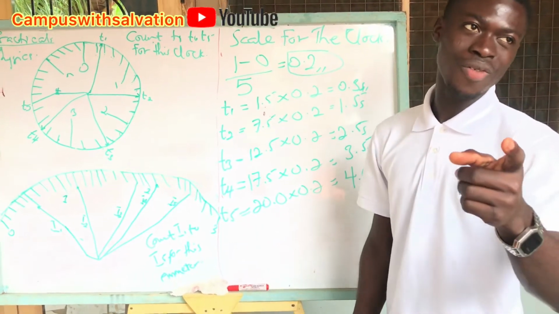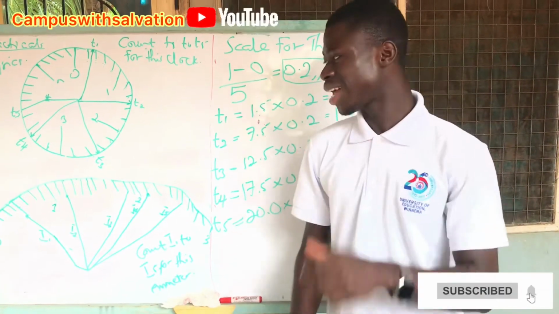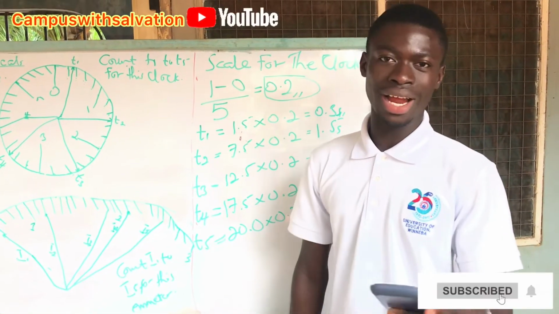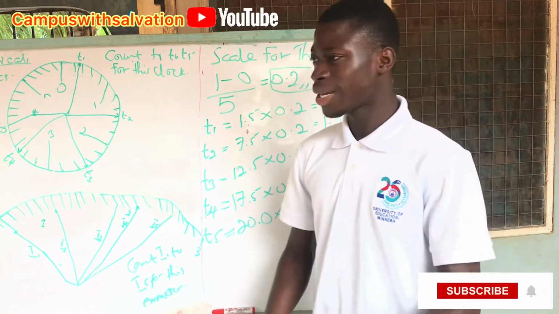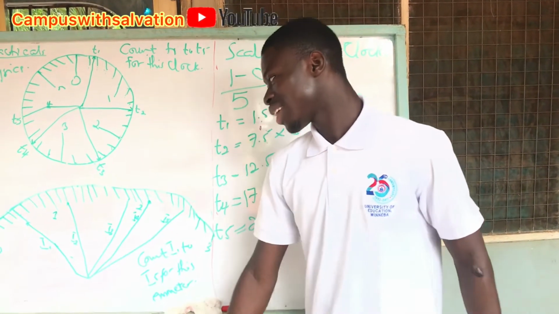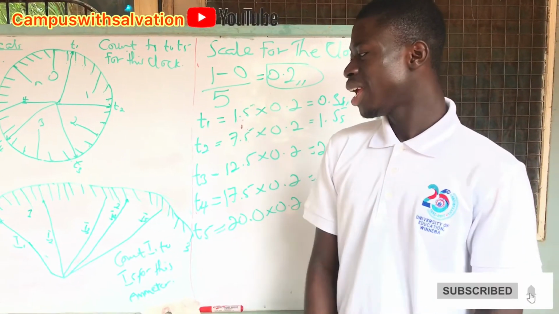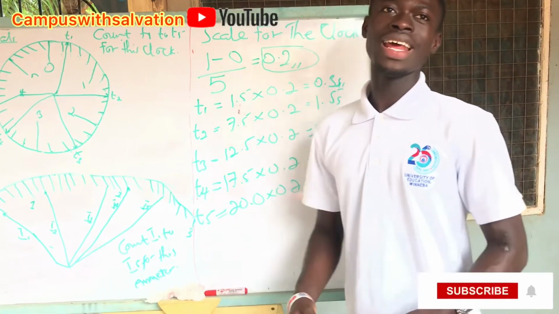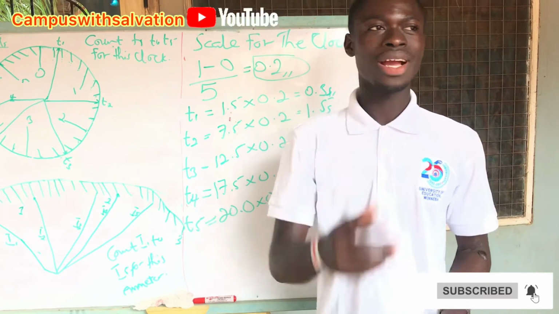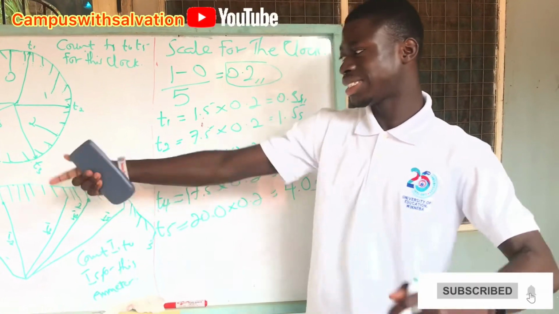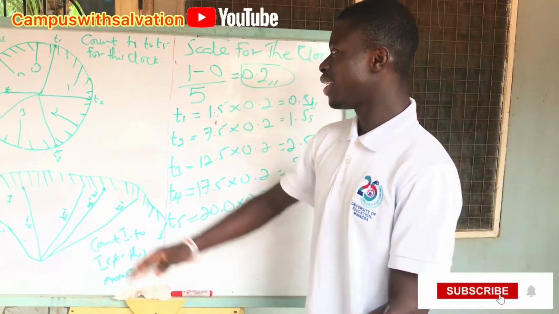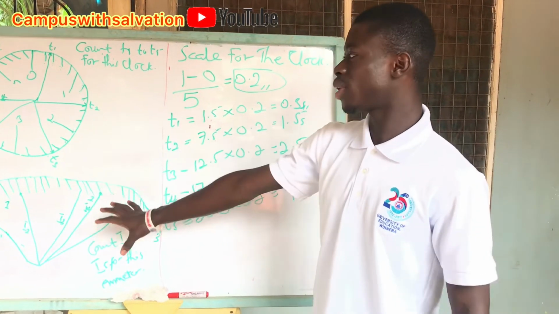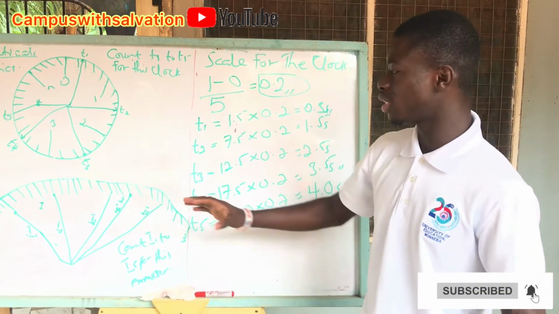And the ammeter, don't forget, we learned in our first episode that this ammeter reads current. So the symbol for current is I. That's why we have I1, I2, I3, I4, I5. And the SI unit for current is ampere. So we are coming to tackle this one too, because this and this are past questions which you are going to use to plot a graph.